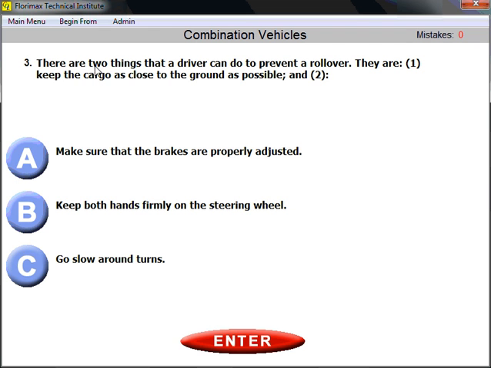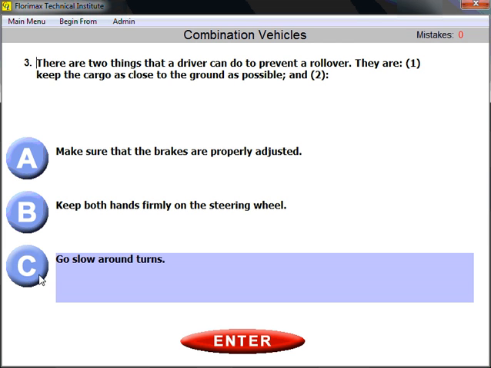Question number 3. There are 2 things that a driver can do to prevent a rollover, and they are: first, keep the cargo as close to the ground as possible, and what is the second one? Okay, the second one, just remember, go slow around turns. Sometimes you'll be given the same question, but with a different choice.